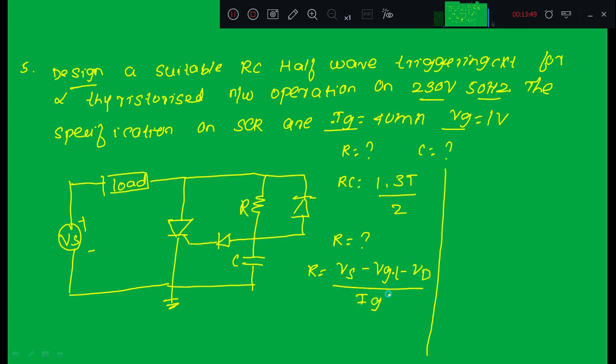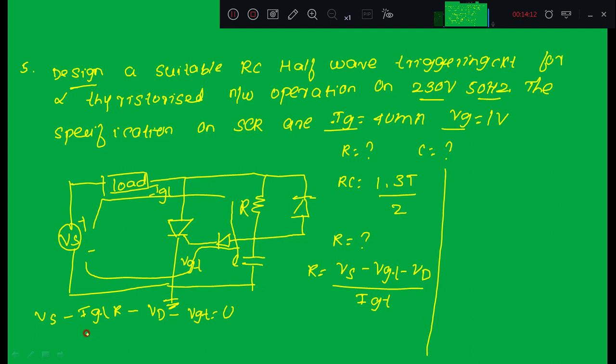From where do we get this formula? If I apply KVL to this loop, what do I get? Vs minus Igt into R minus Vd minus, at this point the voltage is Vgt, equal to 0. If I find R from here, it is Vs minus Vgt minus Vd divided by Ig. KVL we apply in this loop and we get this formula.